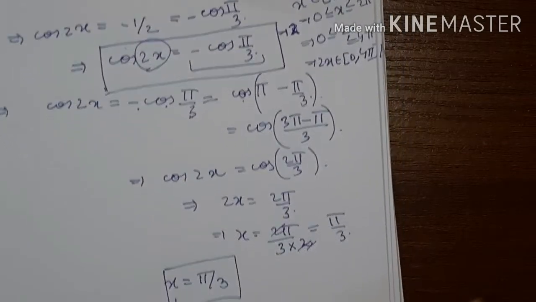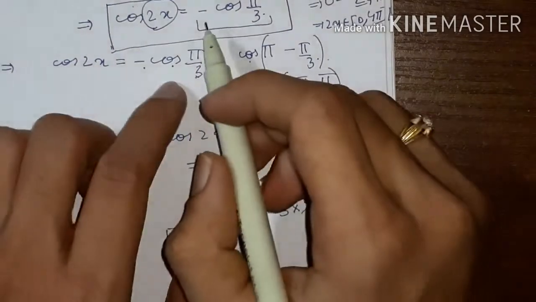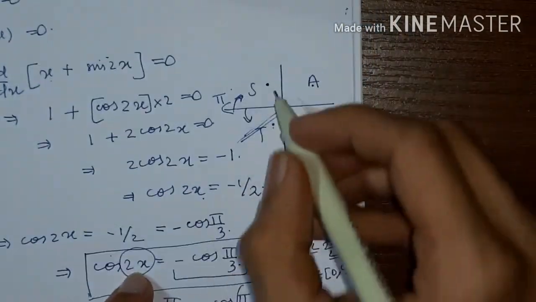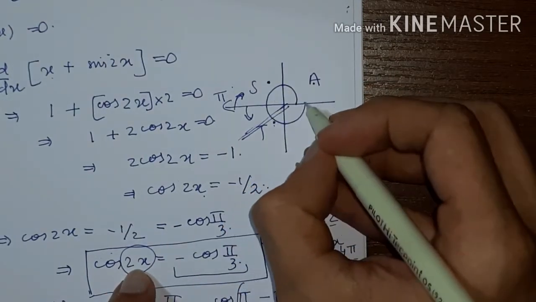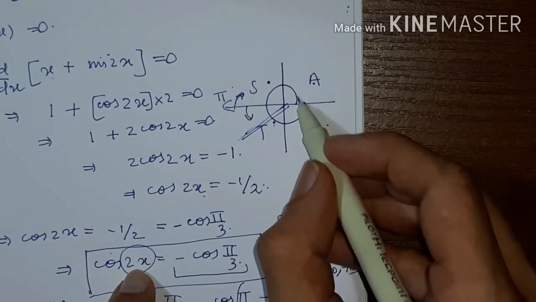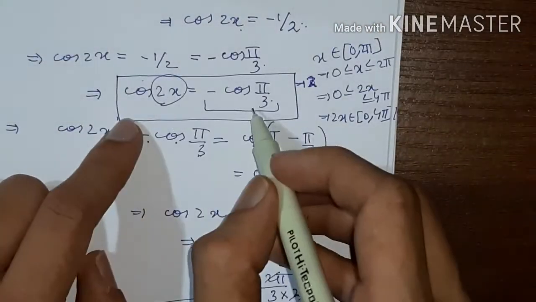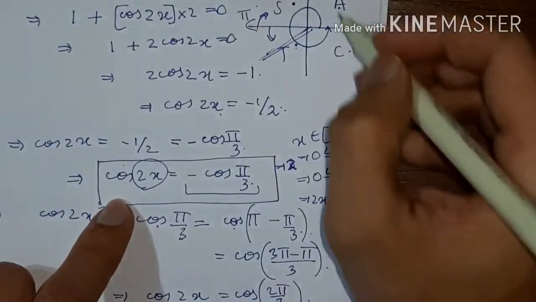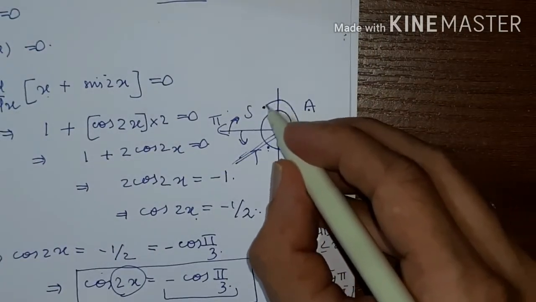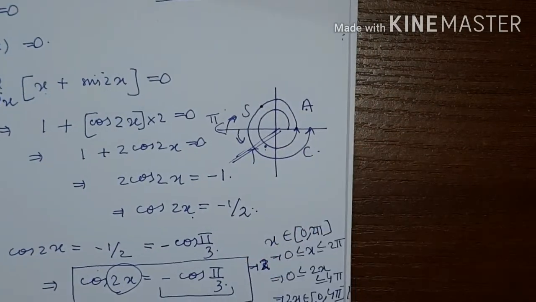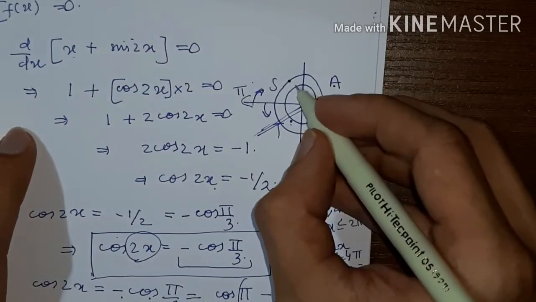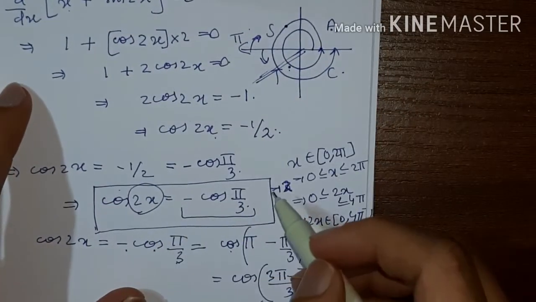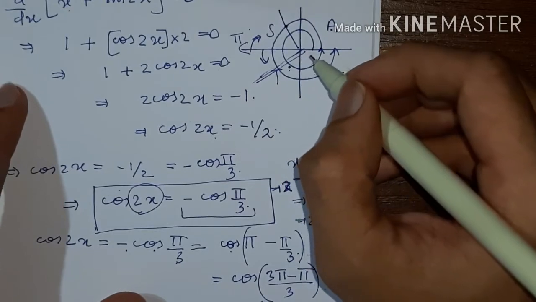Now you look at this, where cos will be negative again. Now if you go once round the coordinate axis, you are going from 0 to 2 pi, that is this domain which is given. But we are looking at this equation, so 2x should also move further, right? So you should go one more round actually to solve this equation. Now if you go the second round, where will be the theta where cos 2x is negative? Again in the second quadrant.